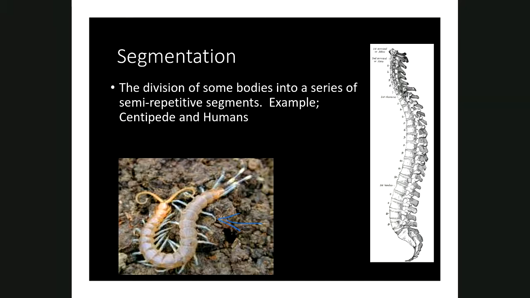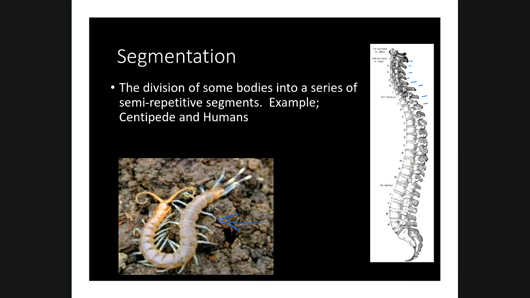Look, vertebrae, etc. Yes, each one is specialized and each vertebra is a little bit different from the others, but basically it's a repetition of the same thing. All right. And you have your head, you have your thorax, and you have your abdomen. Your body's been segmented into 3 sections.